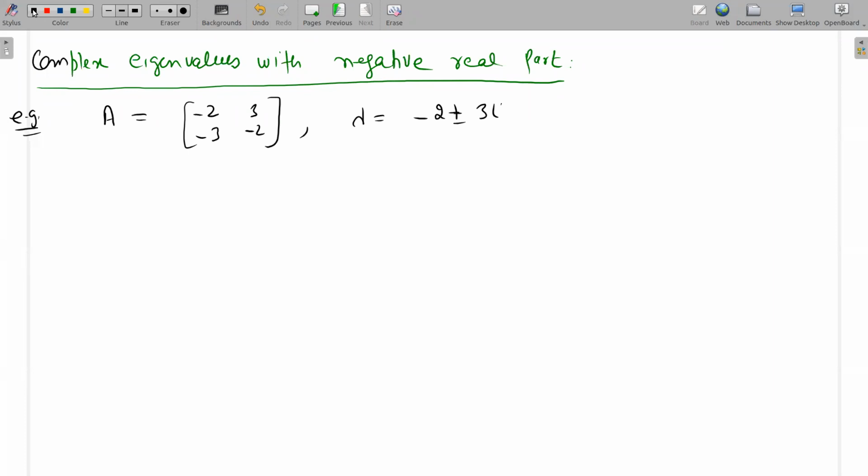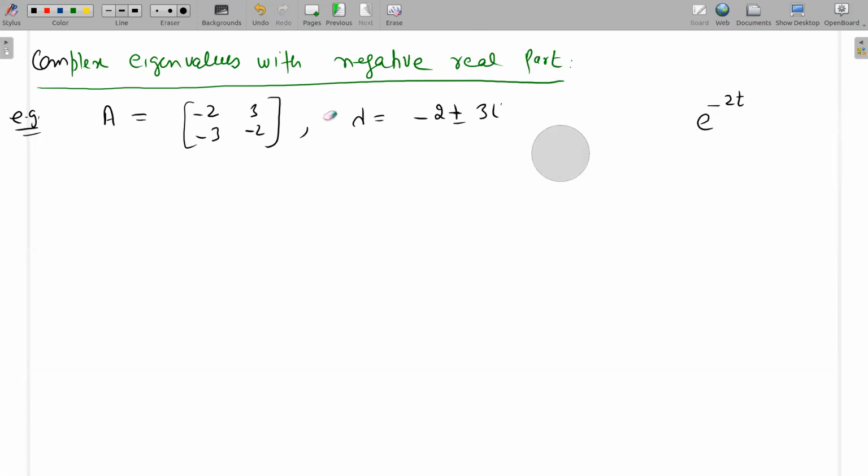So solution will have e power -2t, perfectly fine. Also will have sine and or cos, सine cos आएंगे ना इसमें, due to this 3 iota. And we know that sine and cos, they are bounded.